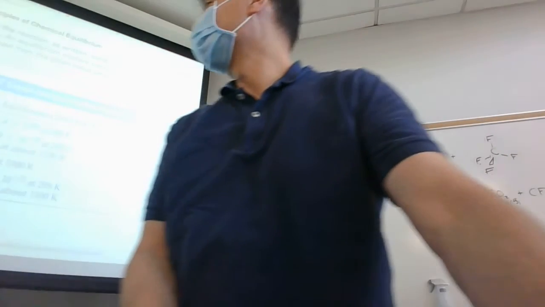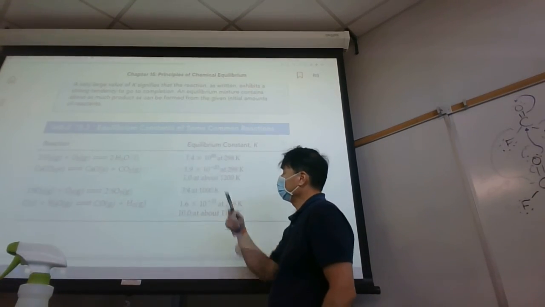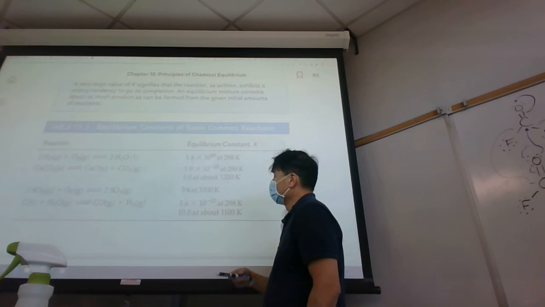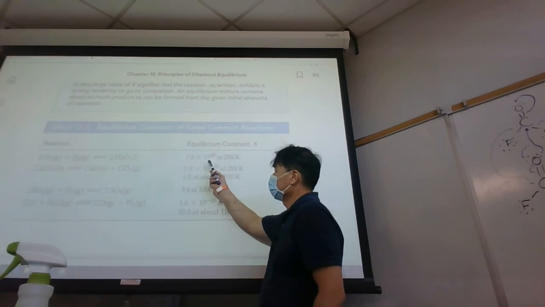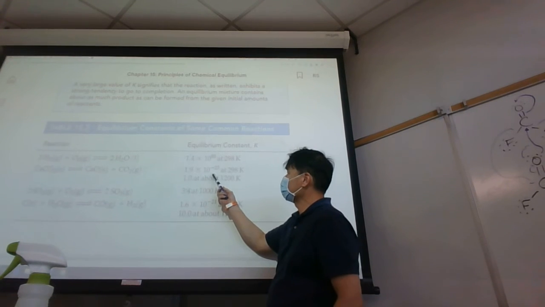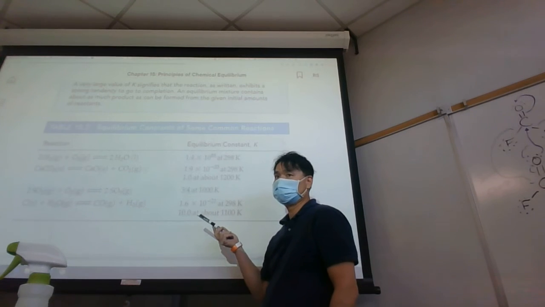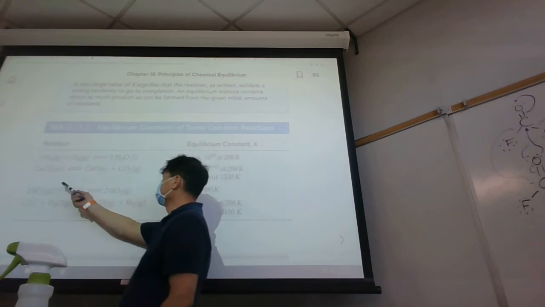So this is a very favorable reaction. And so what we see is a huge bias towards product, the numerator. Here, this is 10 to the minus 23. 10 to the minus 23 means there's barely any product. It's all reactant. And so this is like limestone.